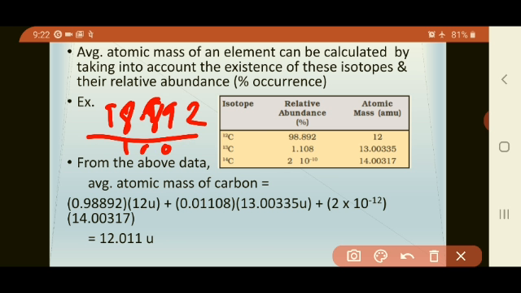Then 0.98892 into 12 plus 0, like that the second one, third one is done, and then we'll get the value as 12.011 and hence it is taken as 12.